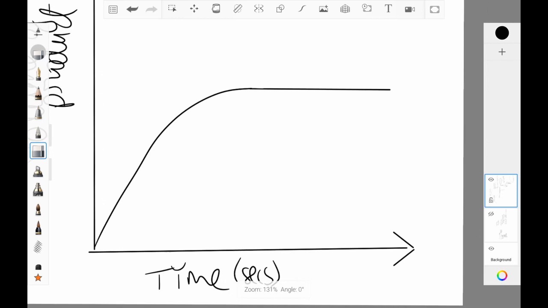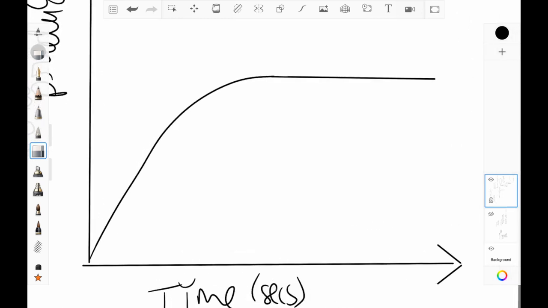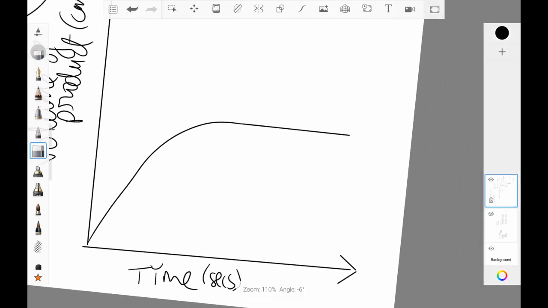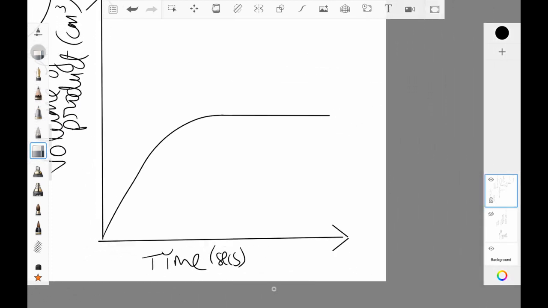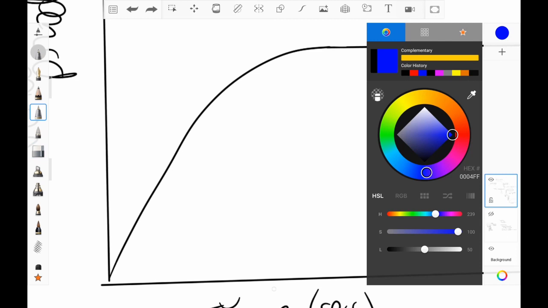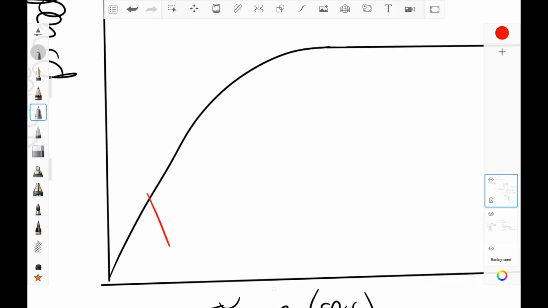Now you can actually make 4 observations from this graph. Number 1, the rate of reaction obviously changes all throughout the reaction up until the reaction ends. And it's fastest at the beginning, but it gradually decreases. And you can see that it decreases due to this curve right here.